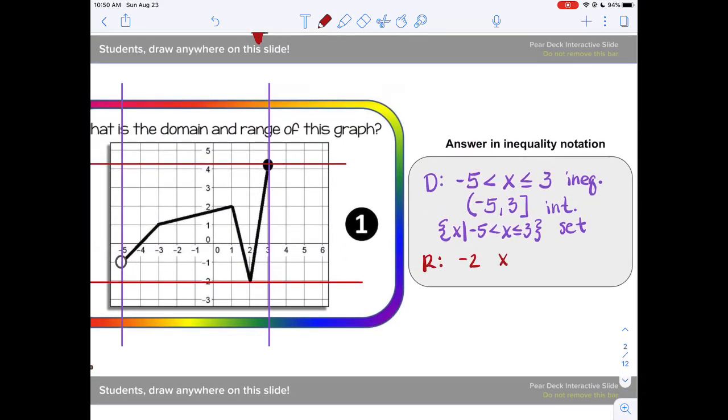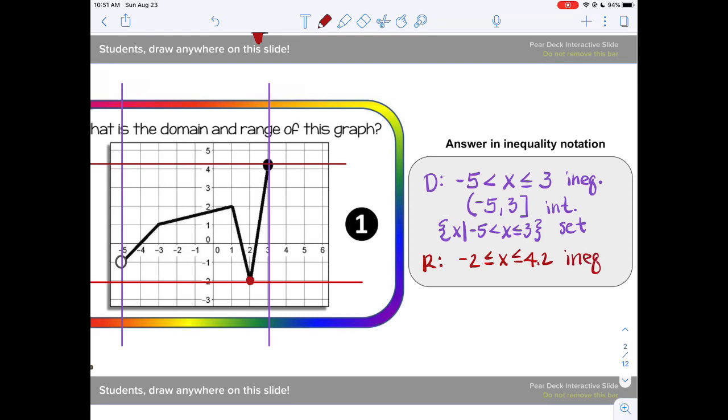So we'll put X in the middle and then a positive 4.2. Because I actually run into the graph here, it's continuous. That means that it's like a closed dot. So consider any time that you just hit the graph to be a closed dot. That means that I have the less than or equal to, and then I also have a closed dot at 4.2. So it looks like this.